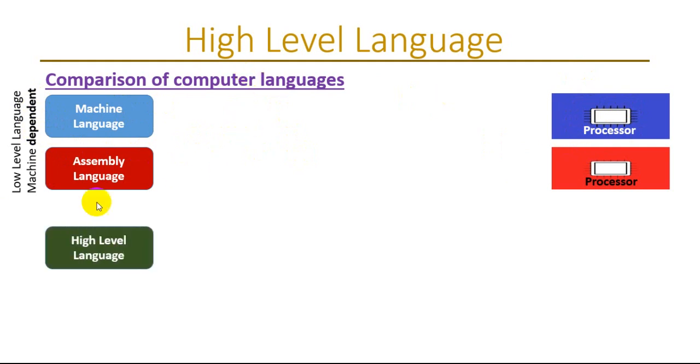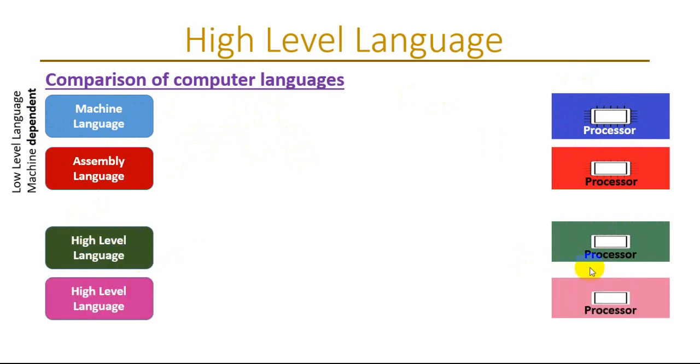Then we take two high-level languages for the compiler and interpreter. This is one high-level language, this is another high-level language, and the processors relevant to them. These two are high-level languages, and they are machine independent, as we have seen. Whatever instruction goes from here, the processor need not understand it because the translator will do the necessary job.